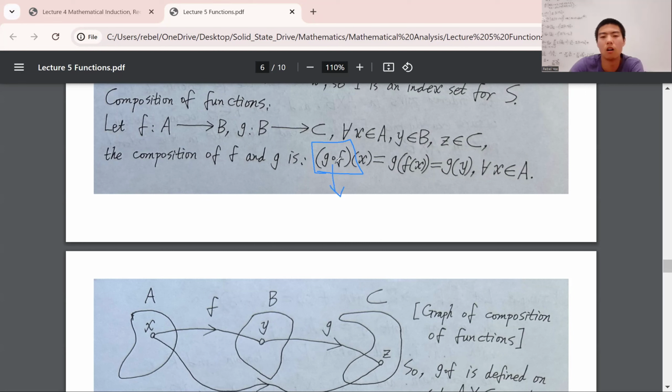So g composed with f at x becomes this one. And just because f(x) is equal to y, we also use g(y) to simplify it.